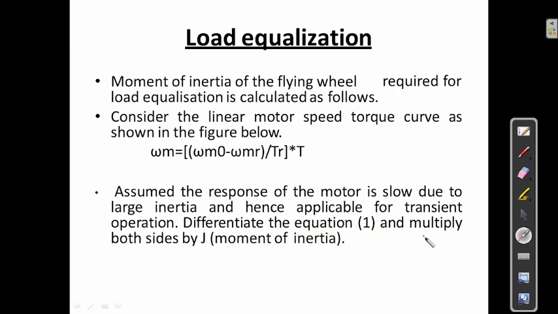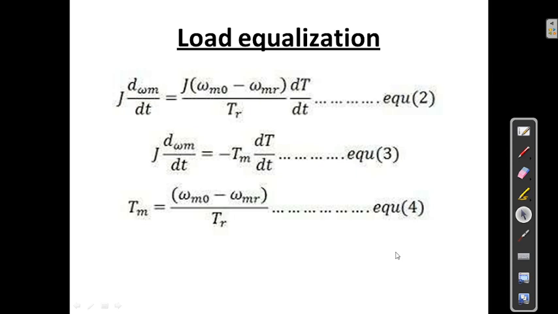Differentiate equation 1 and multiply both sides by J, the moment of inertia. So J dωm/dt = −J(ωm0 − ωmr)/Tr · dT/dt. This is equation 2.